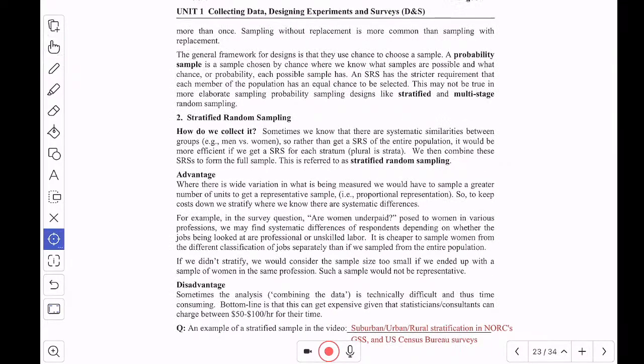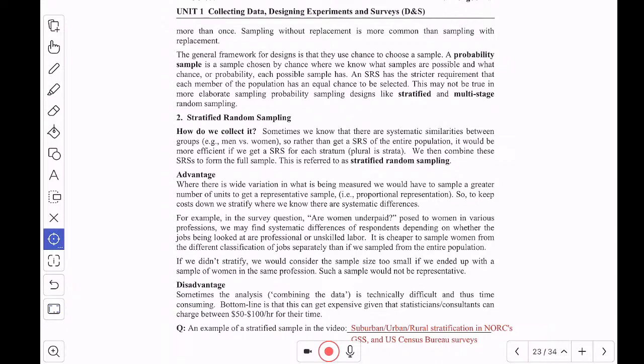The general framework for designs is that they use chance to choose a sample. A probability sample is a sample chosen by chance, where we know what samples are possible and what chance or probability each possible sample has.